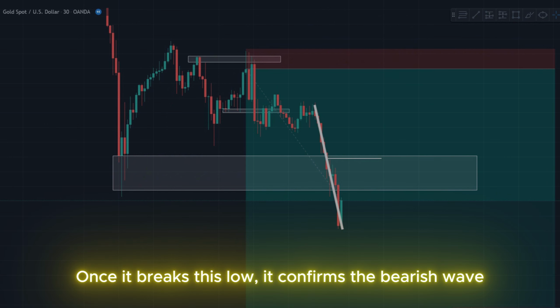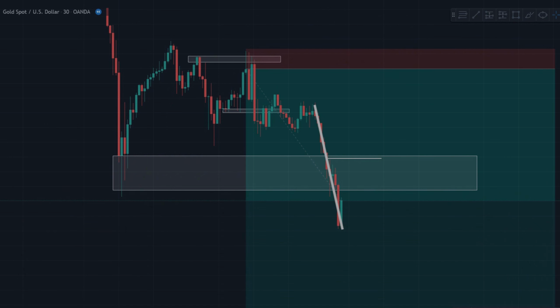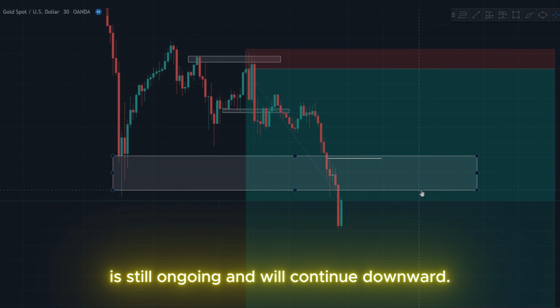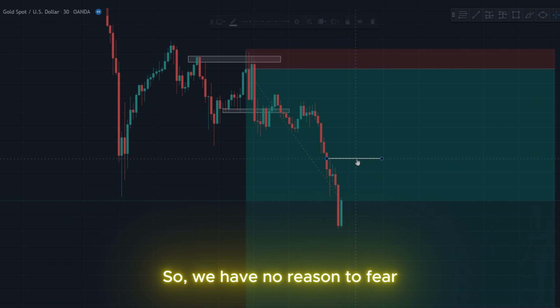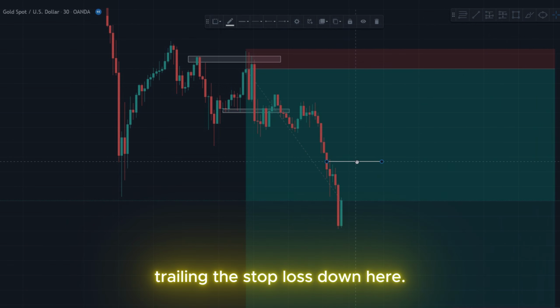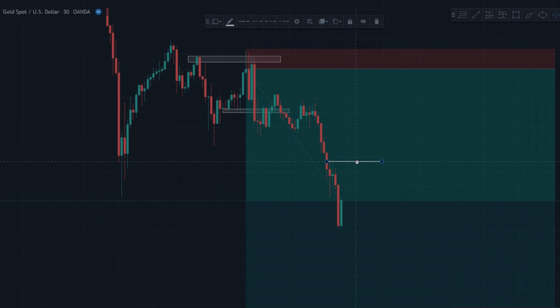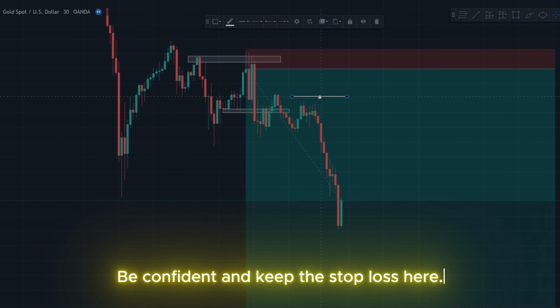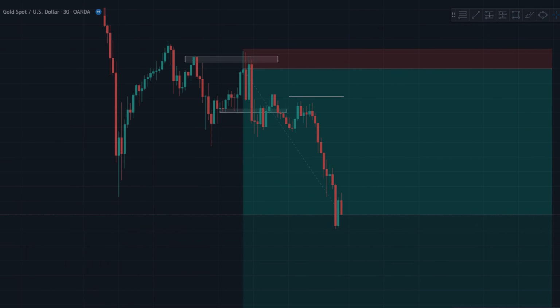Once it breaks this low, it confirms the bearish wave is still ongoing and will continue downward. So, we have no reason to fear trailing the stop loss down here. The bearish trend is still intact, so confidently keep the stop loss up here.